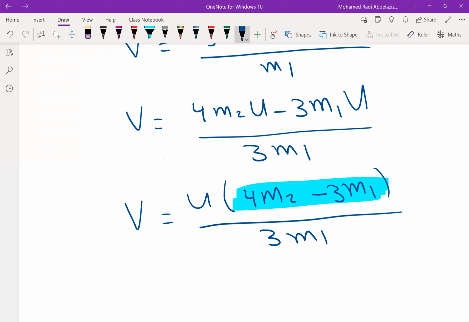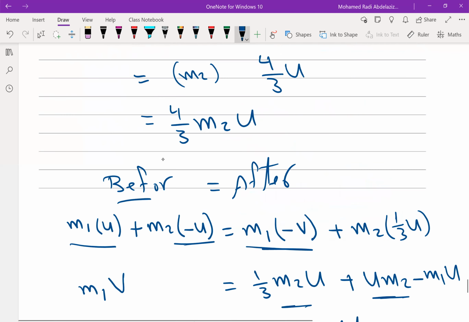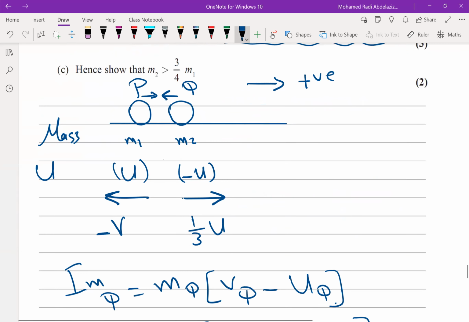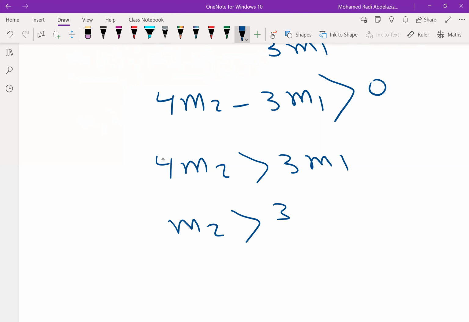But because I substituted from the first part that V is negative, I need this value to be positive. So 4 M2 minus 3 M1 has to be more than 0. He asked to show that M2, so to get M2 as the subject, 4 M2 is more than 3 M1. So M2 is more than 3/4 M1. That's it. He asked to show that. Thank you.